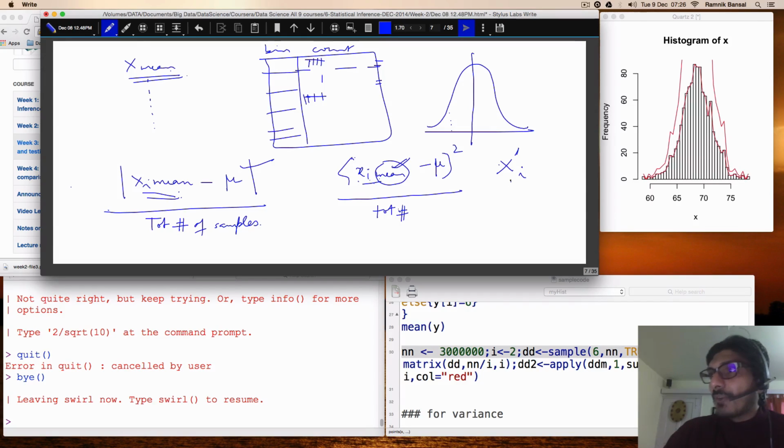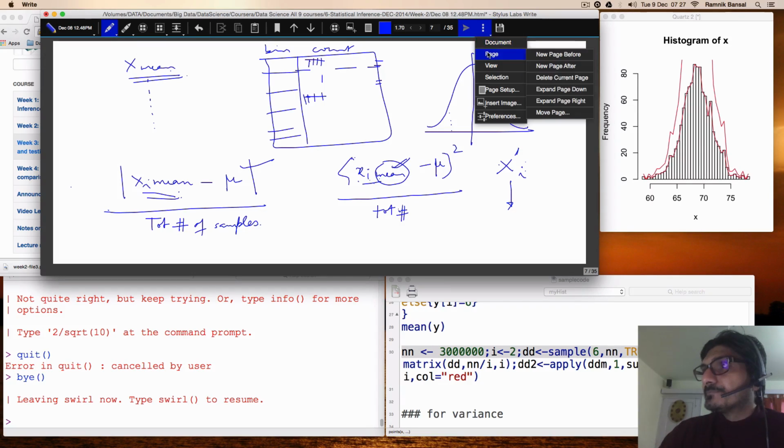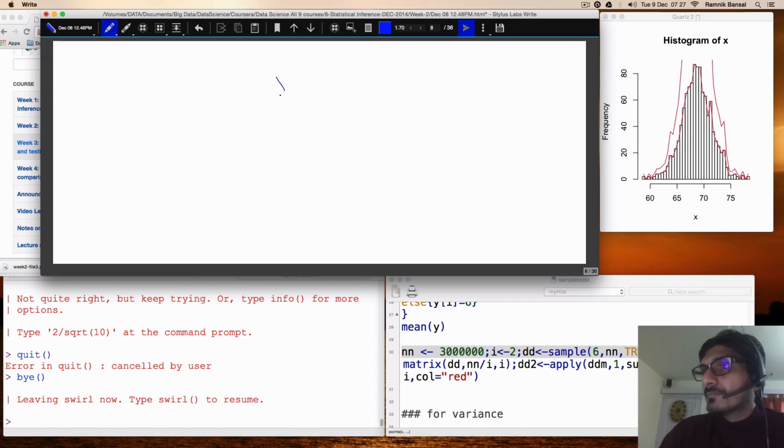So I'm interested in this xi dash, all right? So I can straight away say that what I'm interested in is xi minus mu, the square, divided by n.